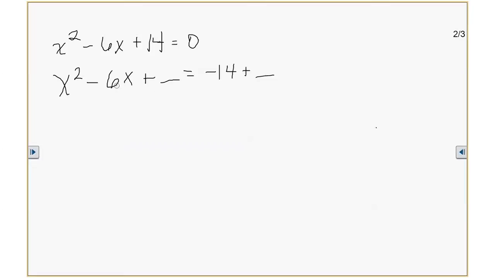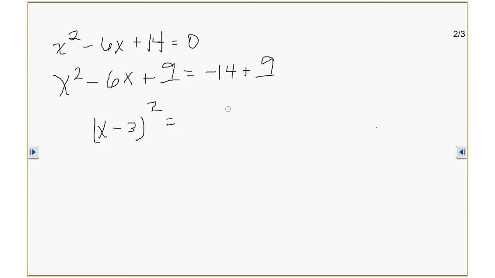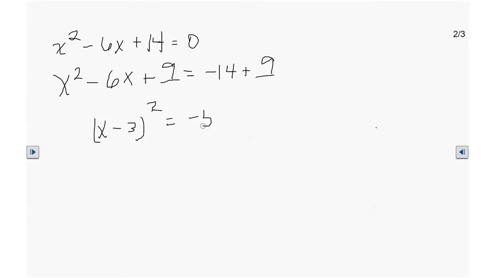Minus 6x plus blank, negative 14 plus blank. All right, what's half of 6? 3 squared is 9. So x minus 3 squared is equal to negative 14 plus 9, which is negative 5.